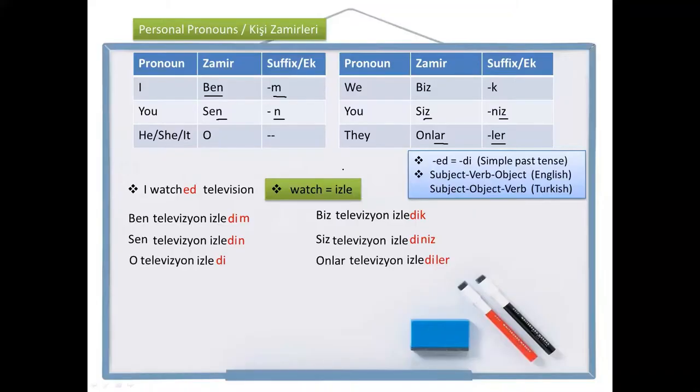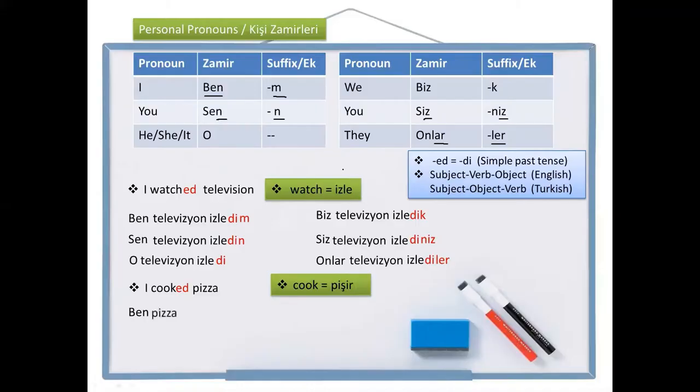Let's make one more example to use this technique. I cooked pizza. Okay, cook is pişir in Turkish. Now let's write I cooked pizza. First of all, remember that the verb is always in the end. So first I write the subject. The pronoun for I is ben. Now I need to write the object because the verb will be in the end.